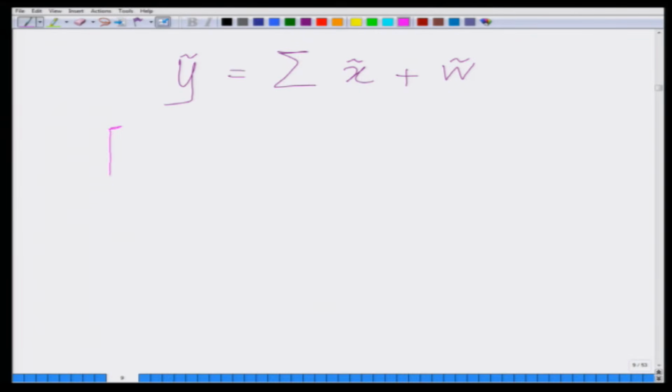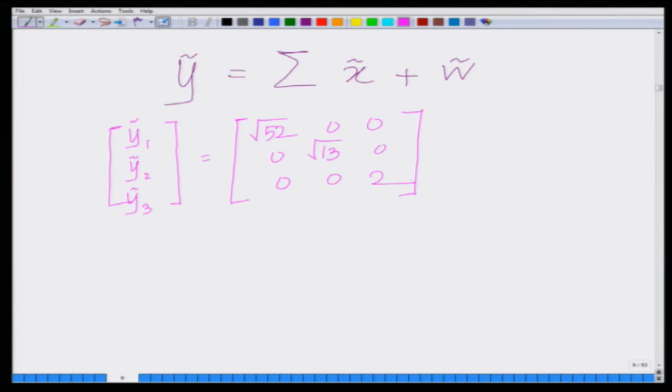Now, y tilde, which is y1 tilde, y2 tilde, y3 tilde, equals sigma, that is diag(square root of 52, square root of 13, 2), times x1 tilde, x2 tilde, x3 tilde, plus w1 tilde, w2 tilde, w3 tilde.